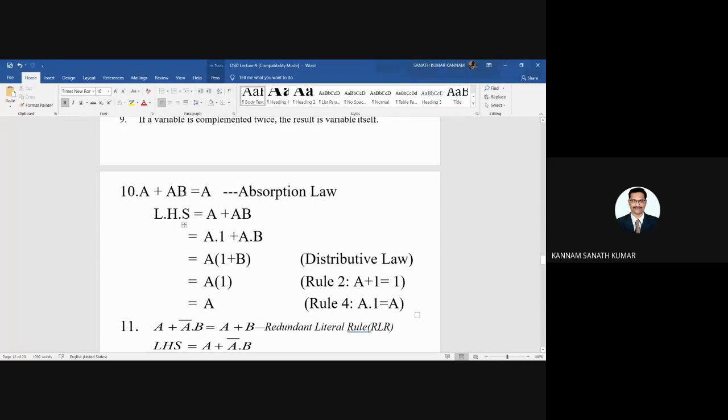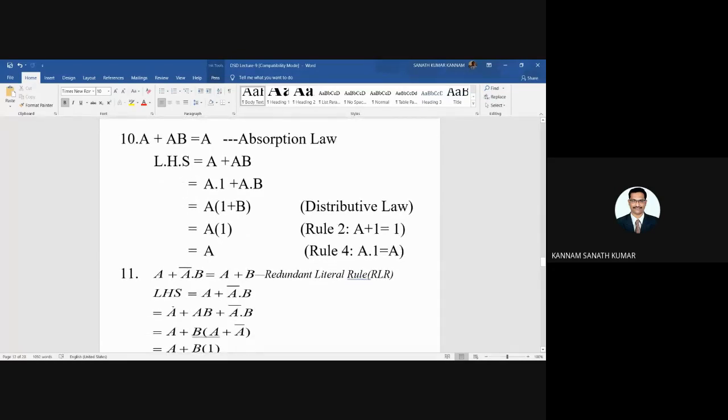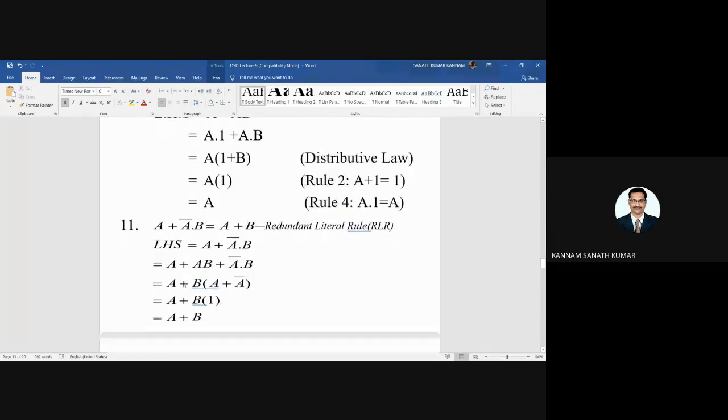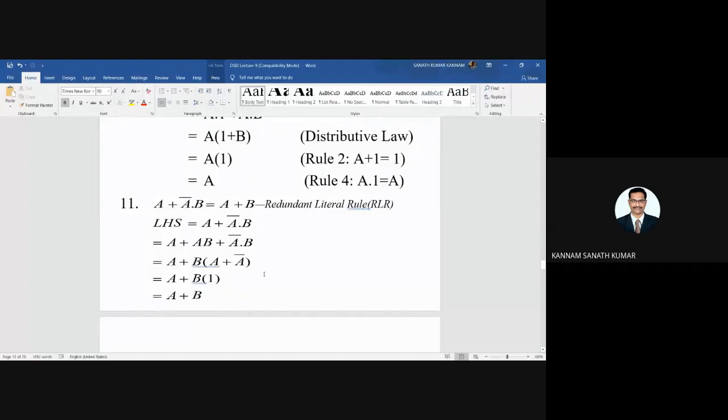A plus AB, no? So this absorption law I am going to use in this proof. A I am writing as A plus AB. Okay, A plus AB plus A bar B. So from these two terms, you can take B common, A plus A bar. Okay, so you know that A plus A bar equal to what? 1. Okay, so this is equal to A plus B. Okay, A plus A bar equal to 1. So that is equal to A plus B. Okay, so from the redundant literal rule, A plus A bar B equal to what?